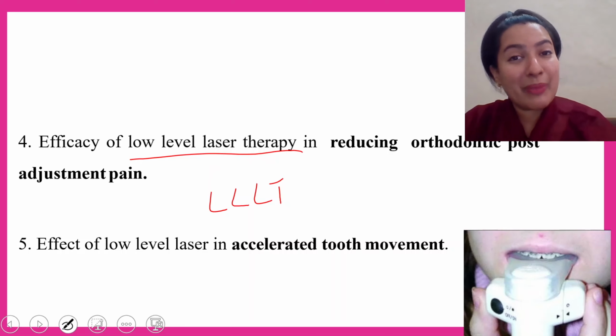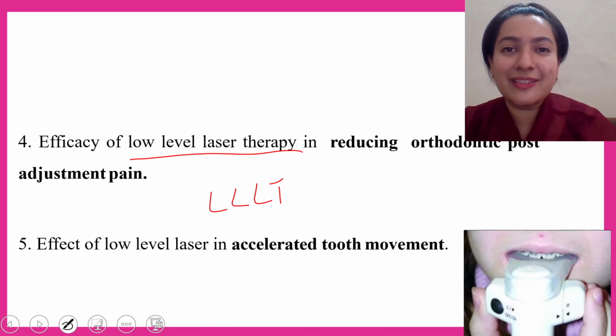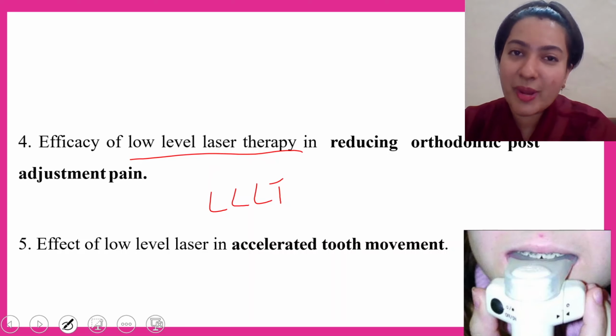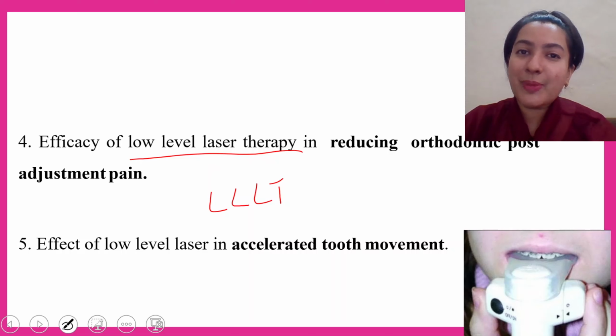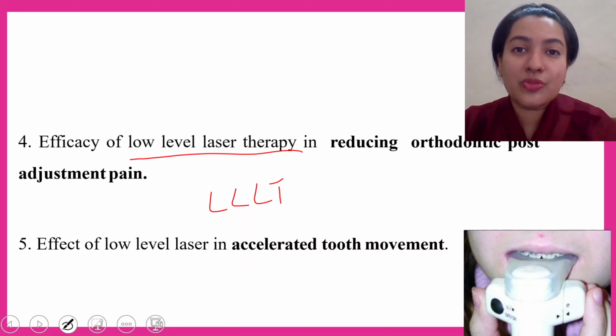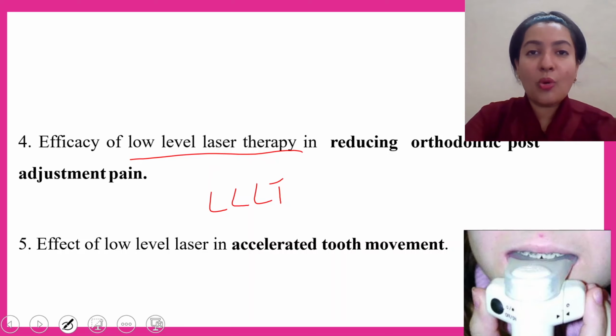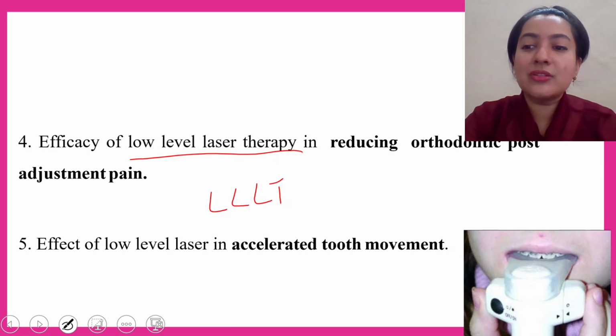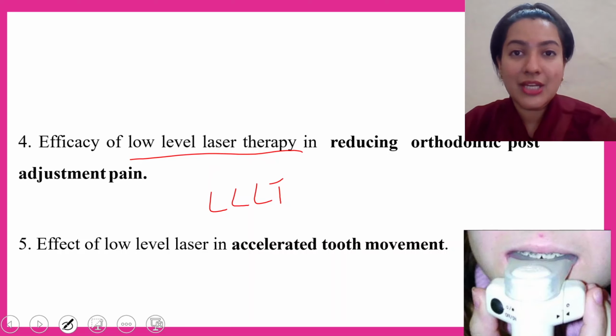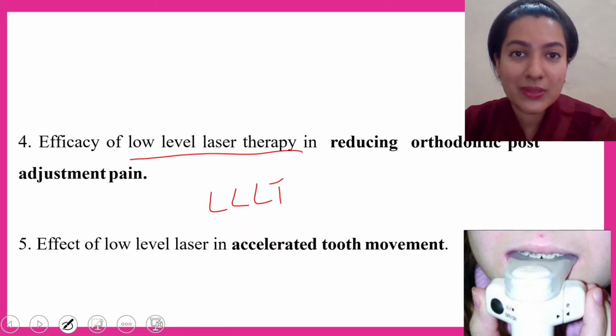So there is pain. After each adjustment visit, the patient experiences some amount of pain. So in order to reduce that pain, there have been studies which are claiming that low level laser therapy can be done, where we point laser onto the patient's tissue surface to reduce the pain. So it has found its way here also.